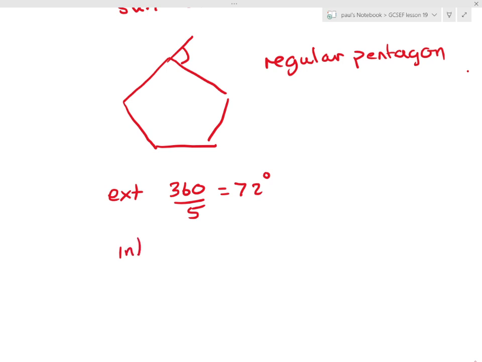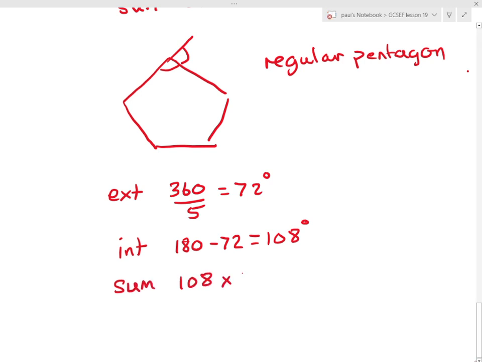The internal angle is this, which is 180 minus 72, which equals 108. And the sum of all the internal angles is 108 times 5, which is 540. So this works for everything. Doesn't matter how many sides you've got.